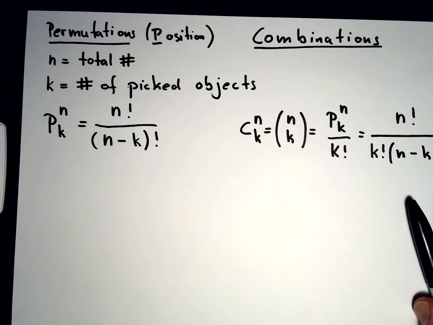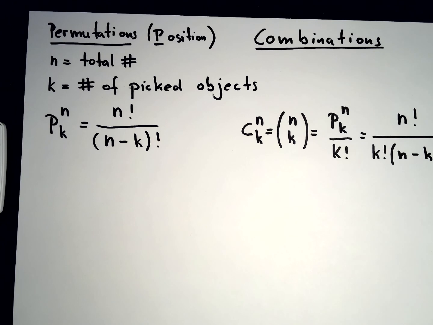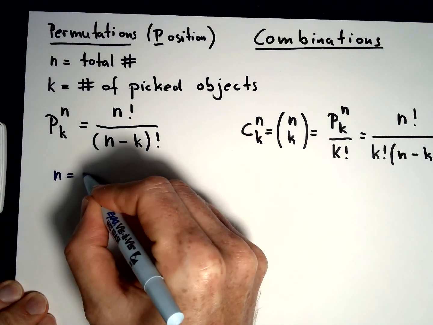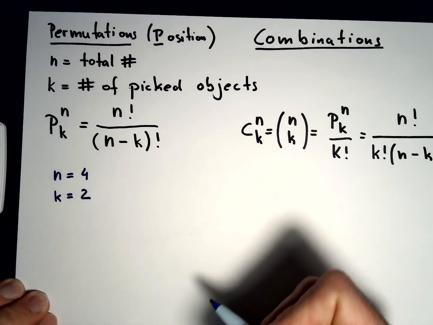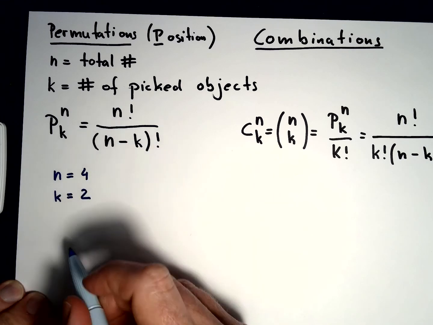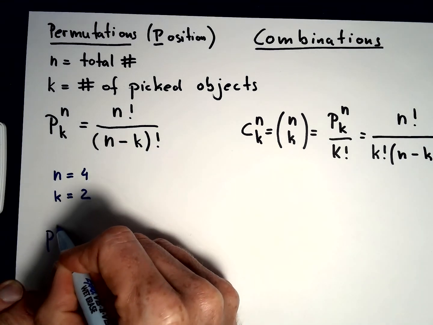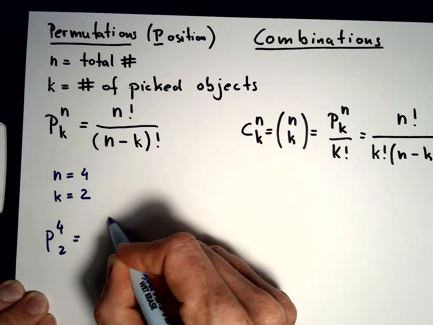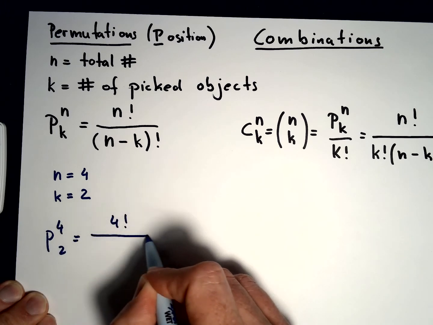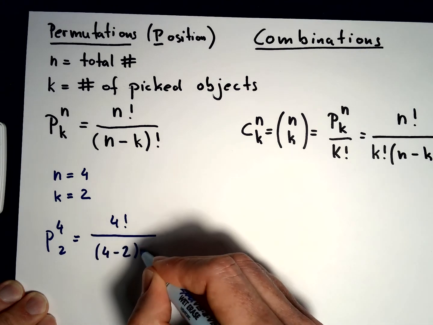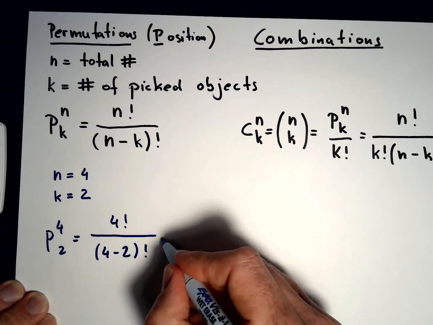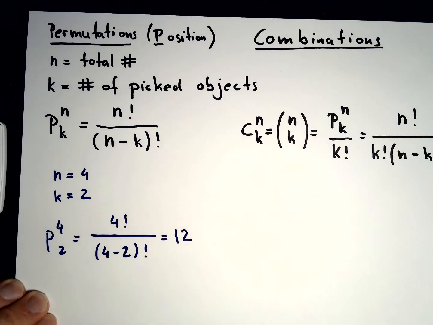To calculate the number of all possible arrangements with permutations, let's assume that we have N equal to 4 and K equal to 2. So we write 4 factorial divided by 4 minus 2 factorial, and hence we see that there are 12 arrangements.